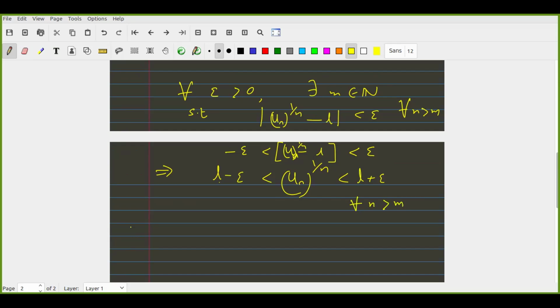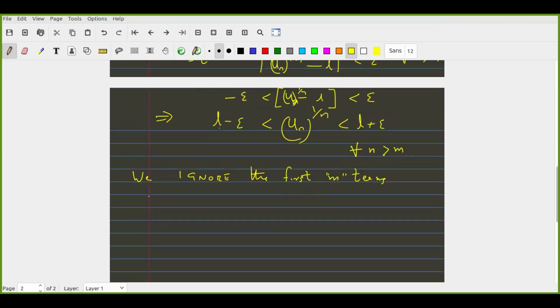Now we ignore the first m terms, and this is valid. The theory of sequences says that we can always ignore the first m terms and discuss the remaining terms. Okay, it's immaterial if the first m terms don't behave the way we want. It doesn't matter.